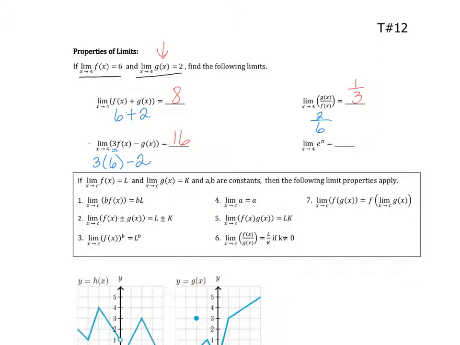So that's the limit of any constant. Well, if you graph a constant, it's going to look like that horizontal line on your axis. So it doesn't matter what x value I'm going toward. Wouldn't the limit of any constant, in fact, be that constant? And the answer is yes.